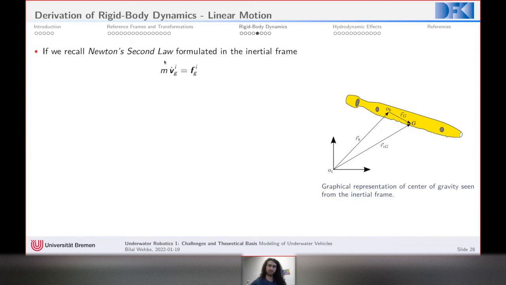Newton's second law, basically, that mass by the acceleration on the center of gravity with respect to the inertial frame is the forces that are applied on the center of gravity also with respect to the inertial frame.